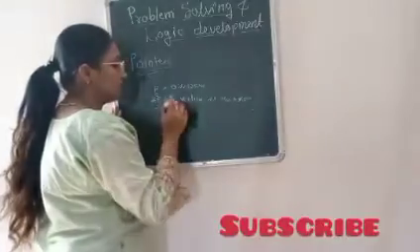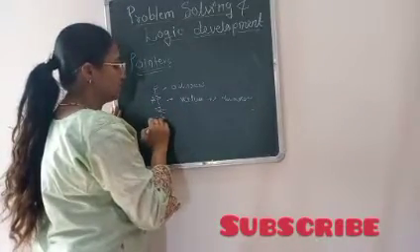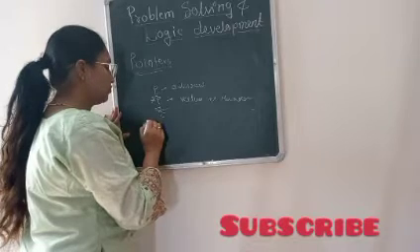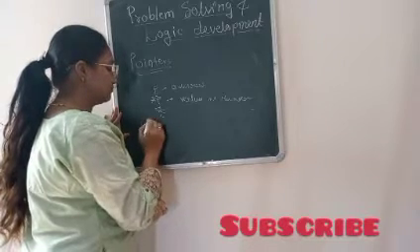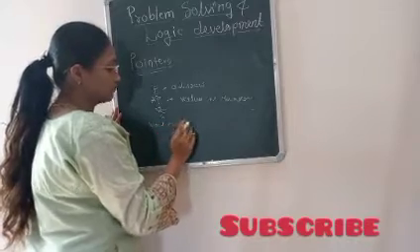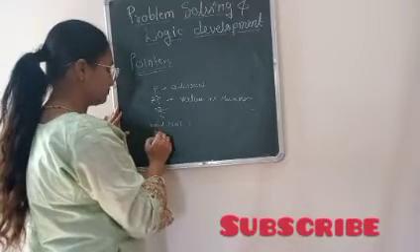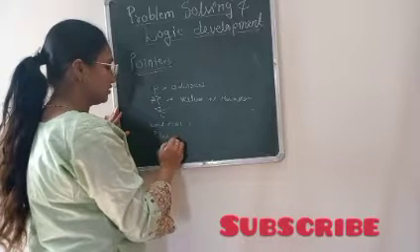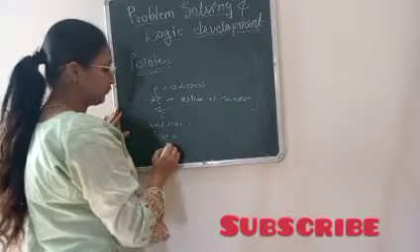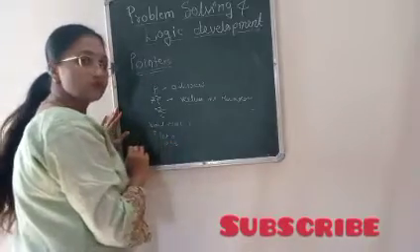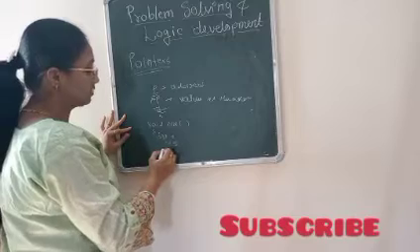Now suppose I am taking some variable in one function. Suppose I am writing function void 1. In this I am writing one variable, assigning value 5, then I am passing this variable to function 2.